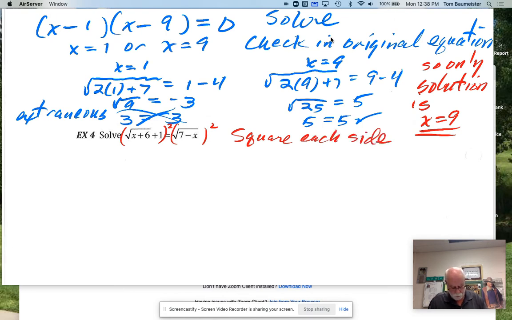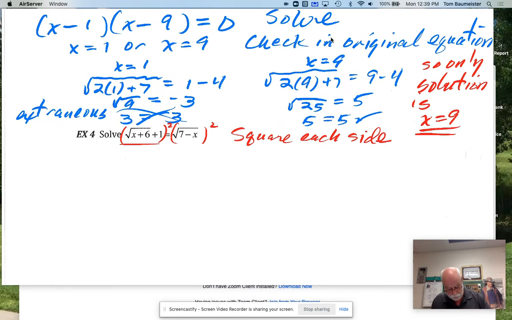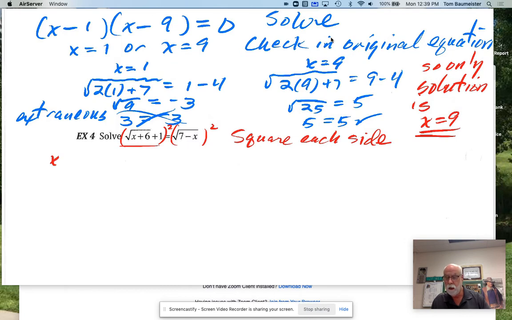And again, I'm foiling, ladies and gentlemen. You might try that to see what you get, because on that, I'll get x plus 6 plus 2 times the square root of x plus 6 plus 1 is equal to 7 minus x.